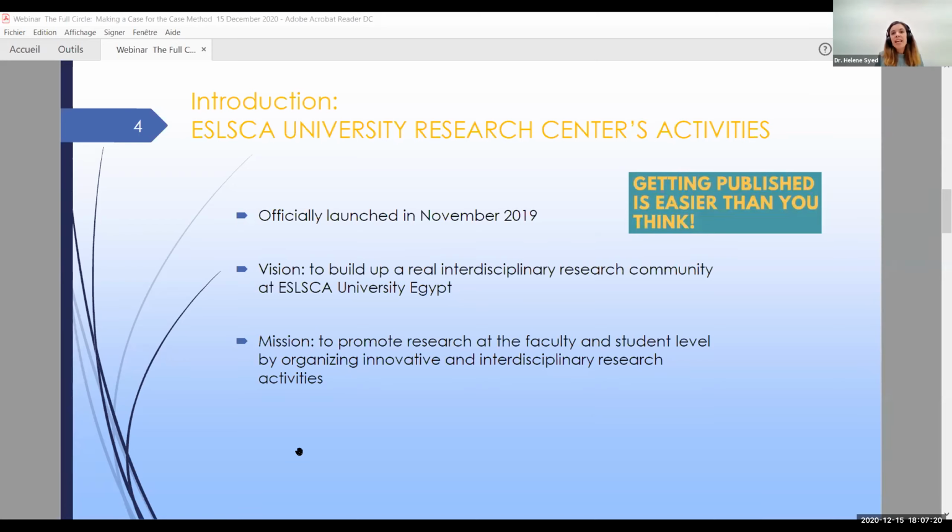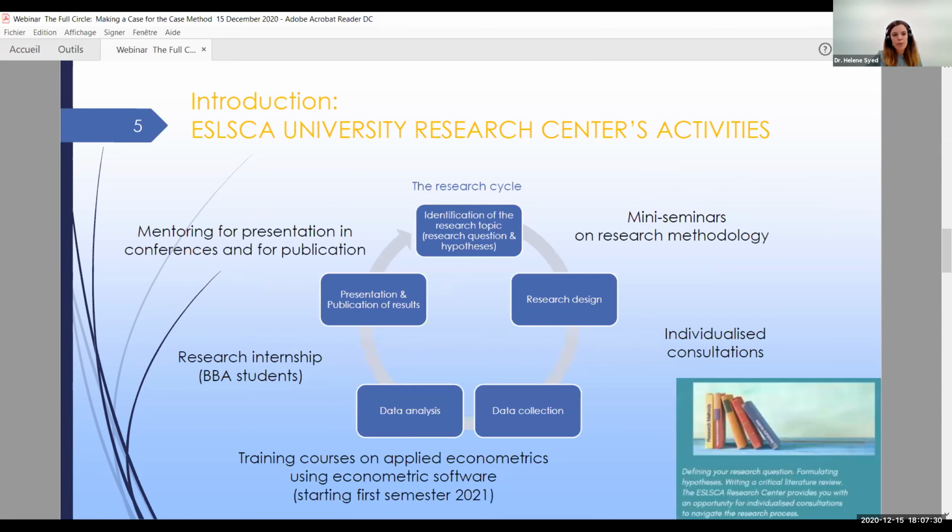In that sense, the ESLSCA University Research Center proposes a series of research activities to students and/or to faculty members. There are research activities proposed for each phase of the research cycle. So here on your screen, you do see the 5 main phases of the research cycle. The activities offered by the Research Center take place at each stage of this research cycle.